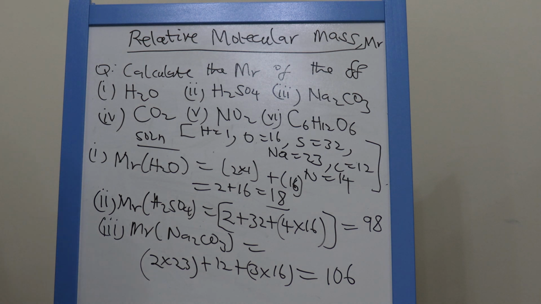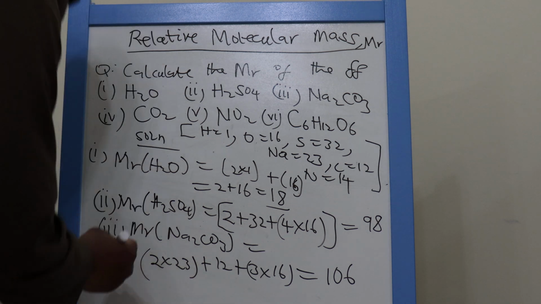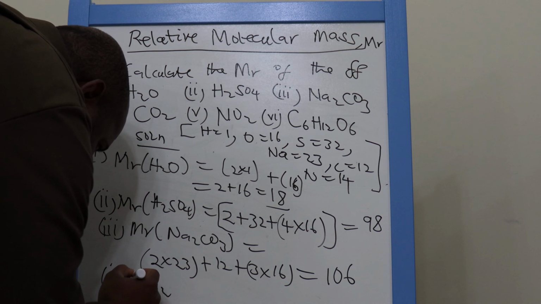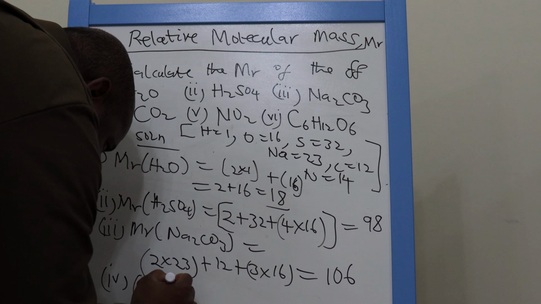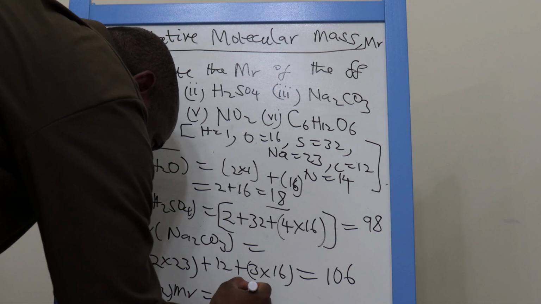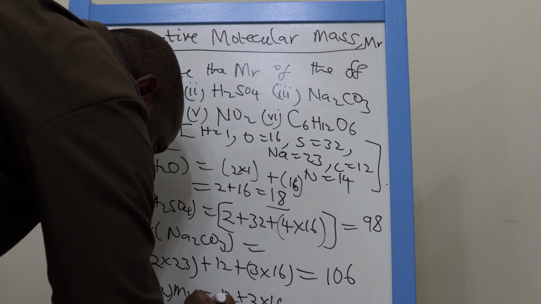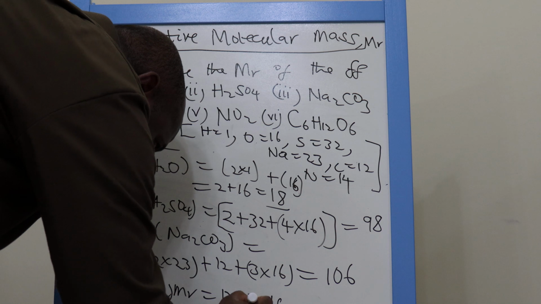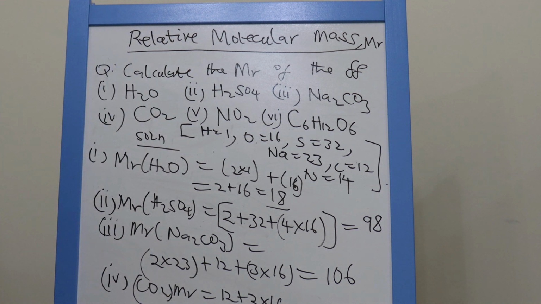The next topic we are going to proceed to will be on mole. So the fourth one is CO2. The Mr for CO2 is equal to 12 plus 2 times 16. So that one is 44, I think. Yeah, 44.